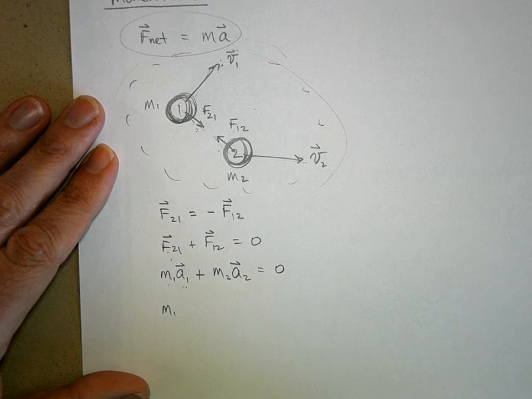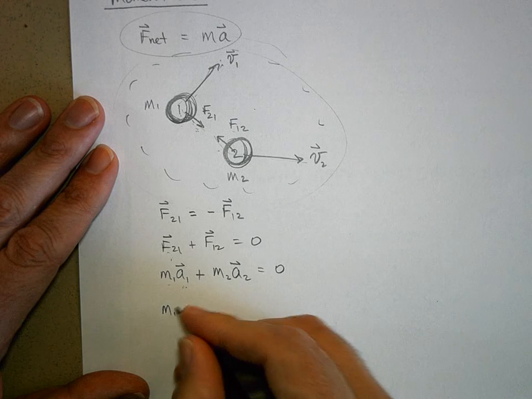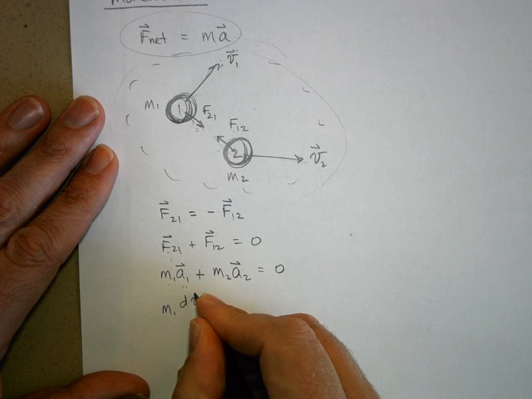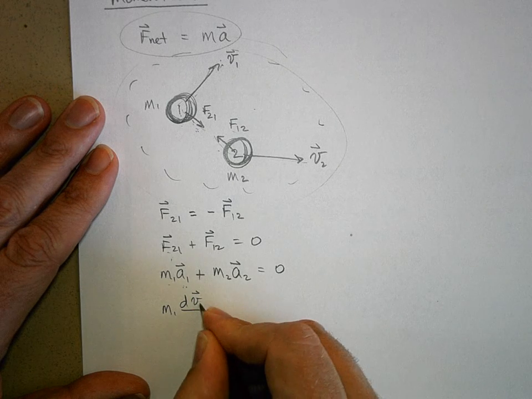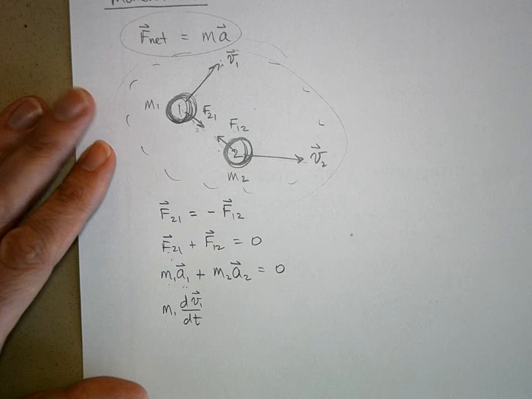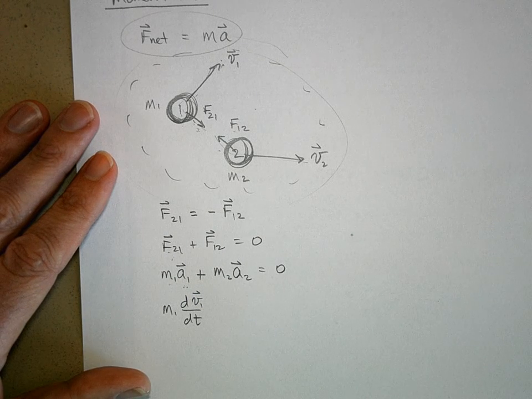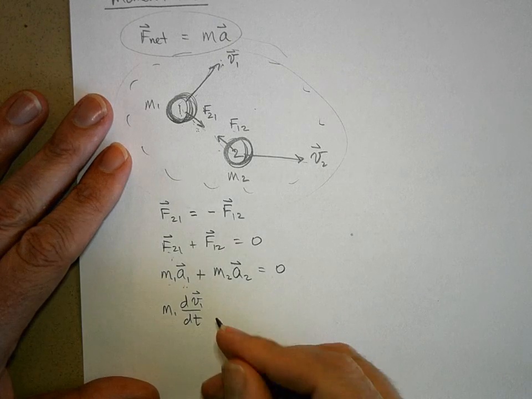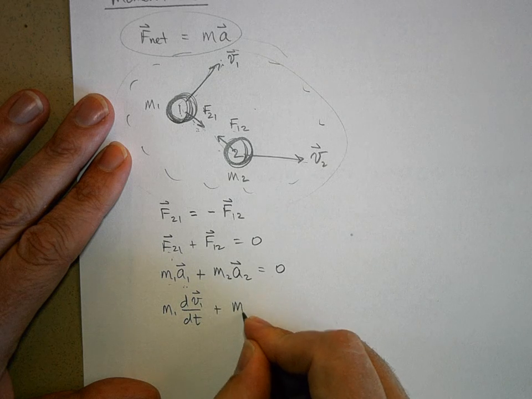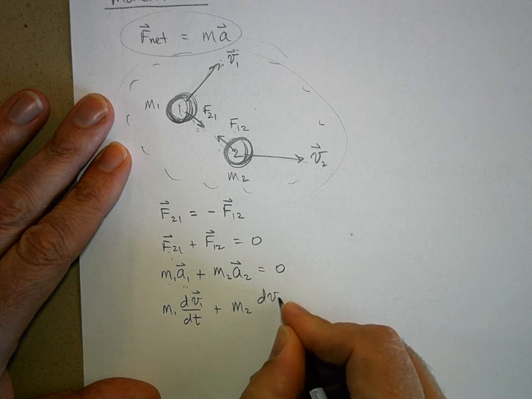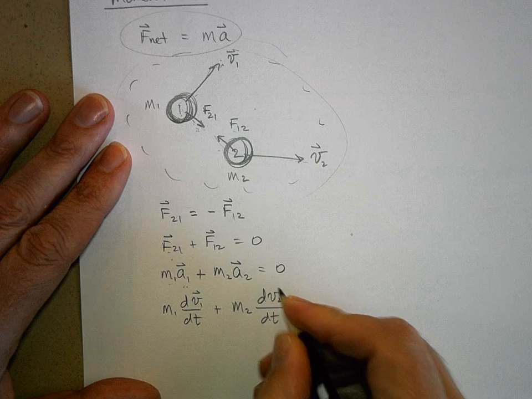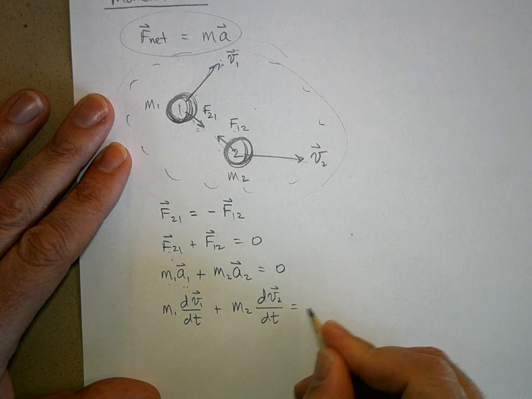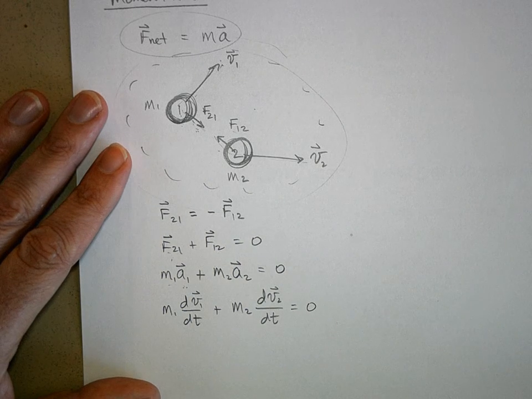And the rate of change of velocity can be written as dv/dt, plus m2 times that, of course, will equal 0.